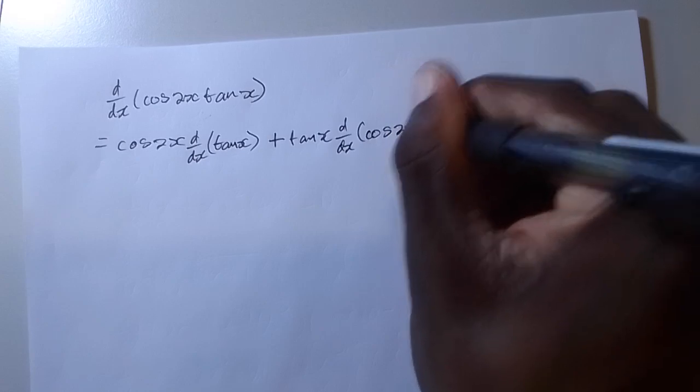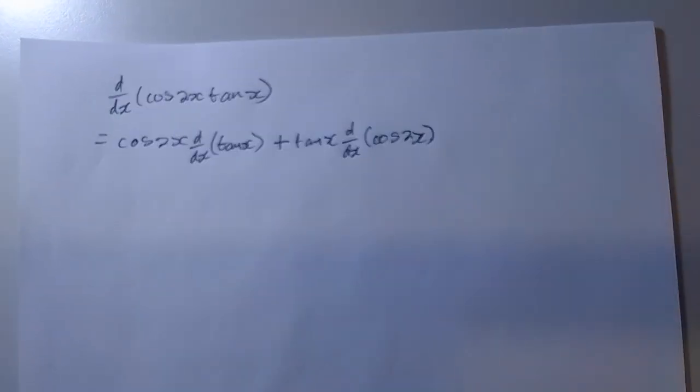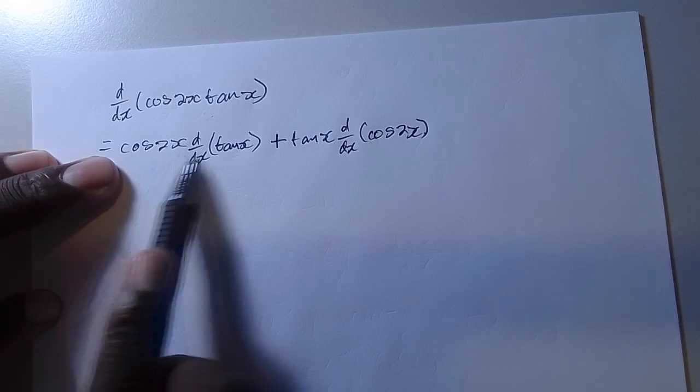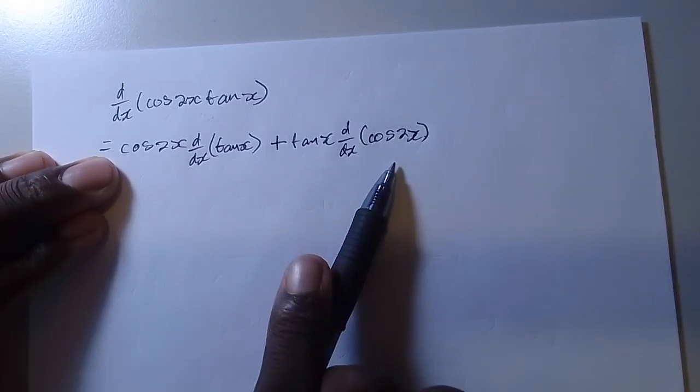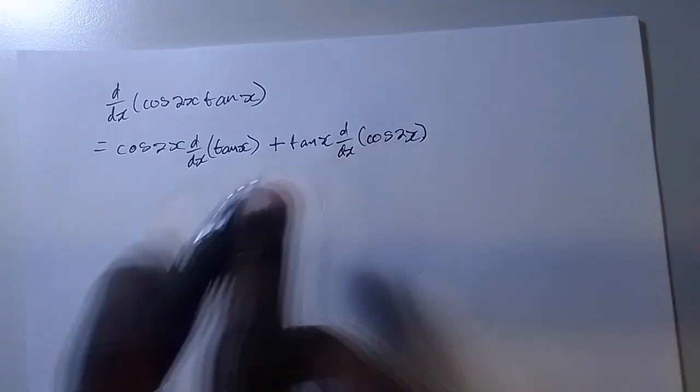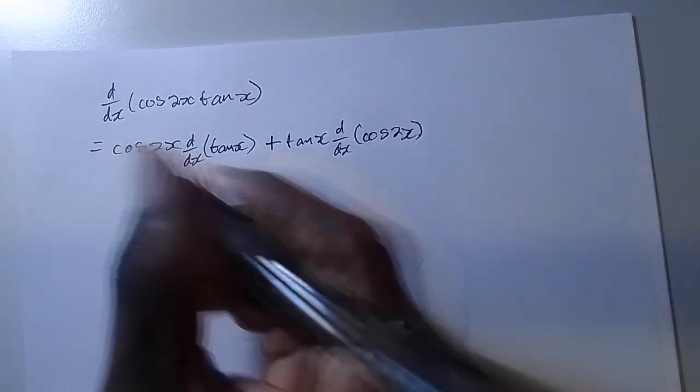That's the nice thing about the product rule. You don't have to care which one starts. You don't have to care if you started with this or started with that, because you're adding anyways, and adding doesn't care about who comes first.